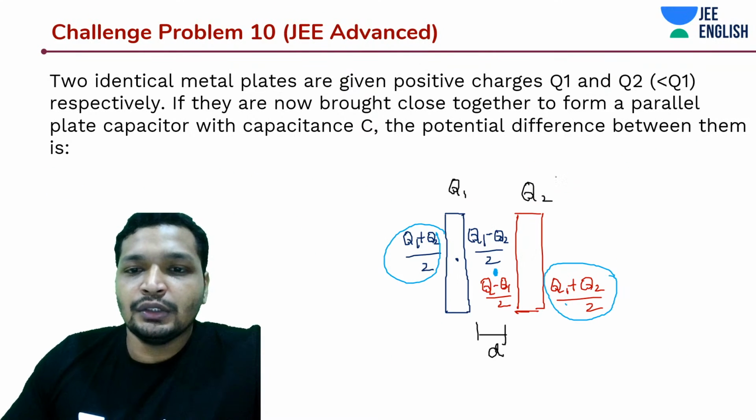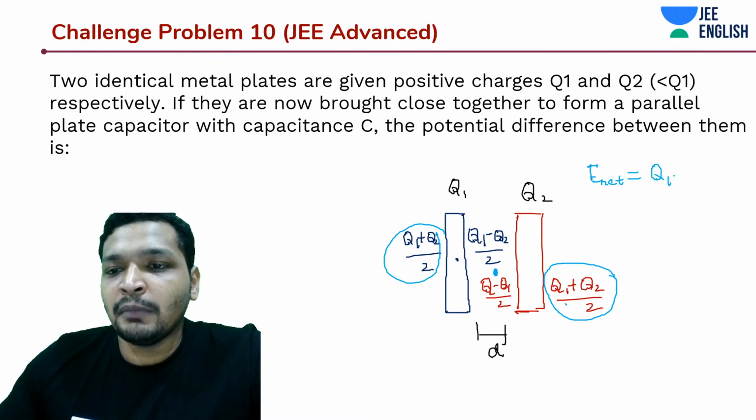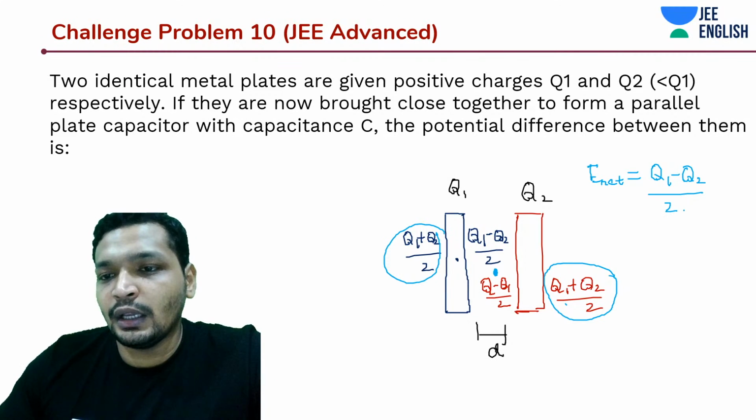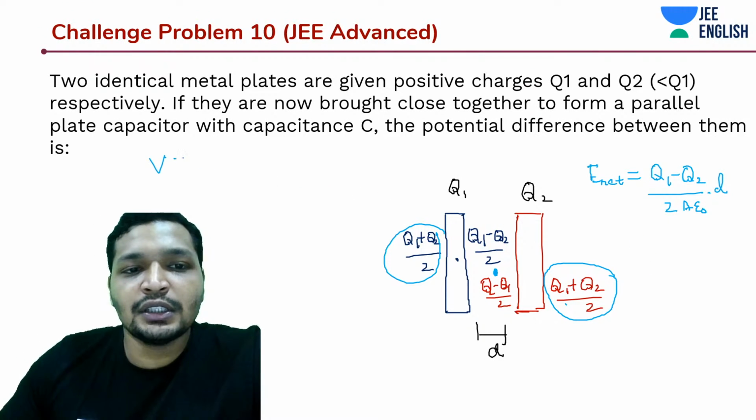Now if I have found out the value of E, which is nothing but Q1 minus Q2 divided by 2A epsilon naught, V is how much?